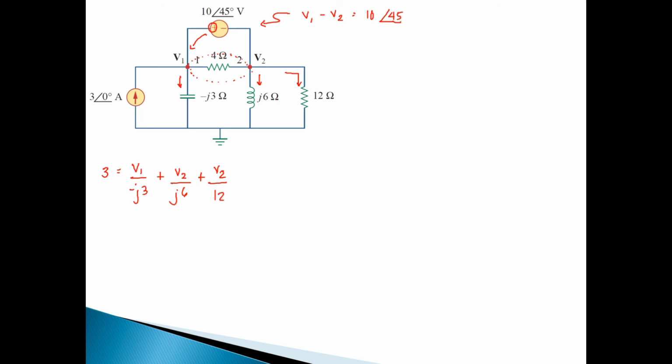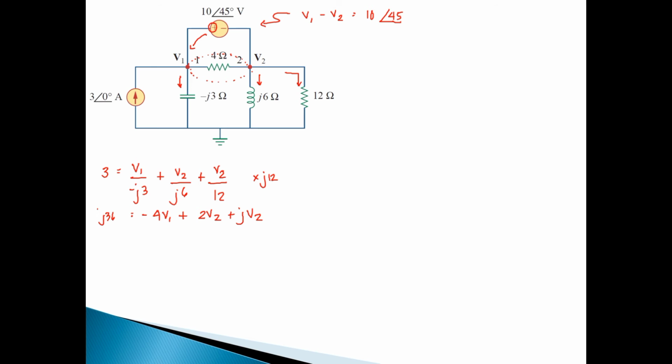We have here j36. Then this one would be negative 4 V1. This will be positive 2 V2. And then this will be plus jV2. Right?